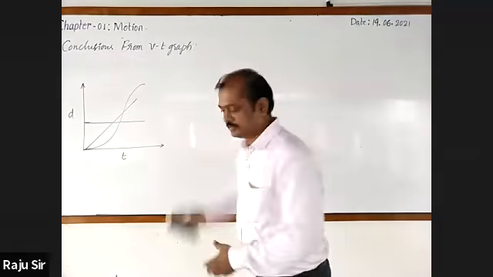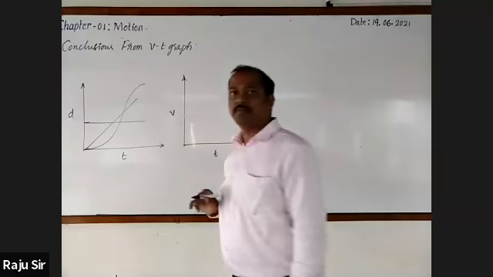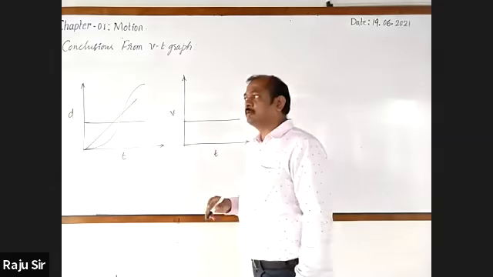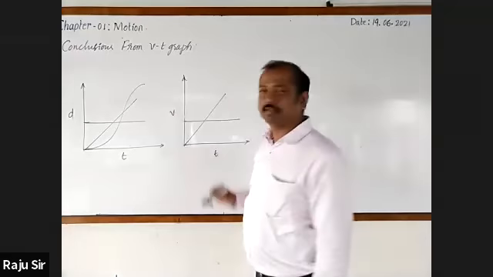Akshay, yourself. This is a VT graph. Akshay, you tell, what does it represent? Constant speed or constant velocity? Very good. What is this? Uniform acceleration.